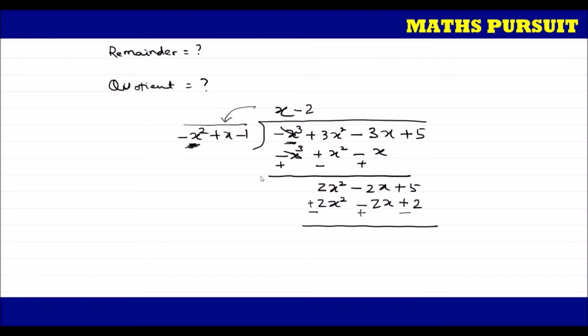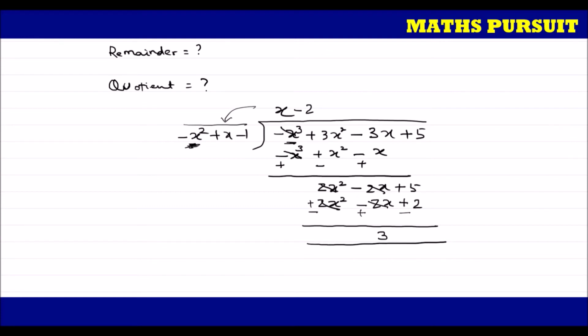So plus 2x to the power 2 minus 2x to the power 2 cancels out, and we are left with minus 2x plus 2x, which also cancels out, and we are left with only 3. How? 5 minus 2 is 3. So guys, you could see that we got a remainder of 3.